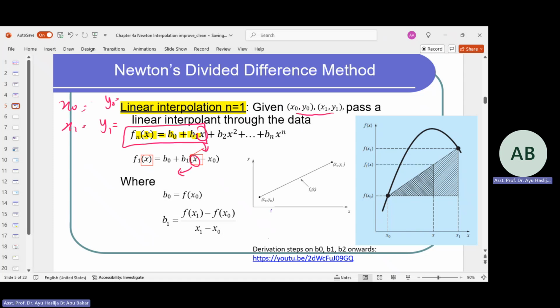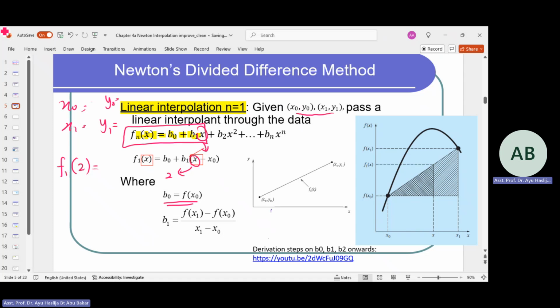Let's say it asks you to find the interpolation for order n equals 1, linear, at x equals 2. So this x is 2. b0 is equivalent to f(x0).